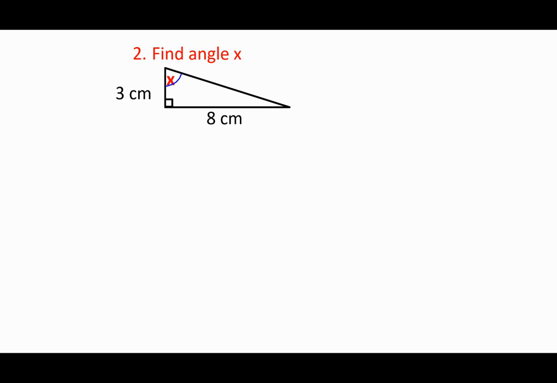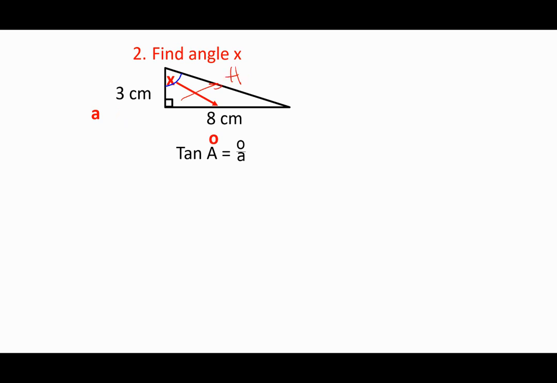If we take a look at this one here, we have to do our A, H, and O. So this is our hypotenuse. This is our angle that's in question, called X. That means this is our opposite, and the one that's left is our adjacent. We're going to look at the tangent of this.